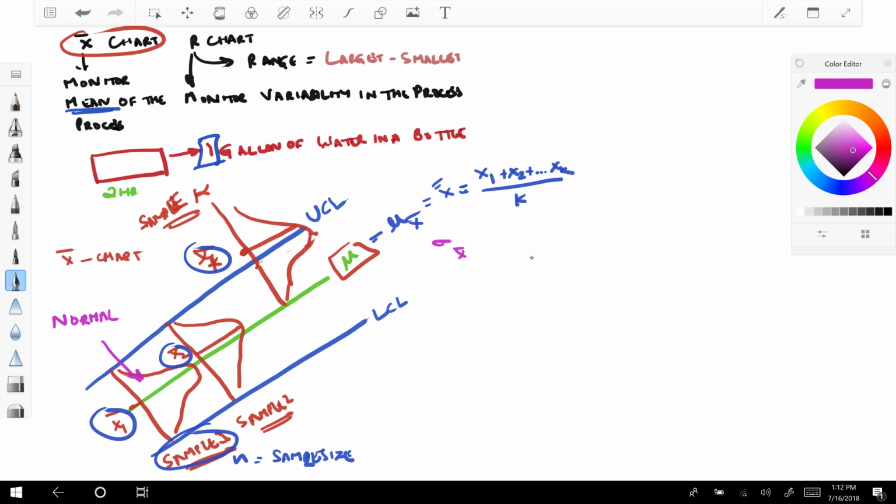As you know from your previous statistics topics, if we have a sampling distribution and the population standard deviation is known, then the standard error would be sigma over root n. So this is the population standard deviation.